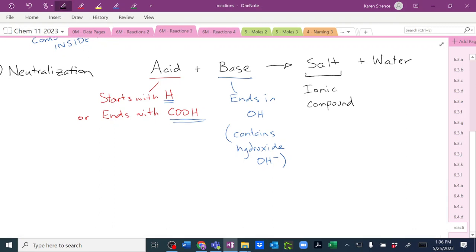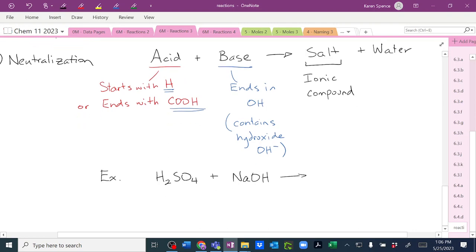Let's take a look at an example. H2SO4, we know that's an acid because it starts with H. We're going to react that with NaOH. And we know that's a base because it ends in the hydroxide ion, OH.